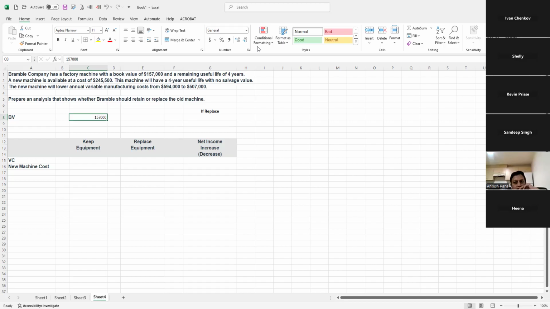When you save on the cost, is that going to increase your income or reduce the income? Increase. So this one will be equal to this line minus that line. So our income increased by 348,000, correct?